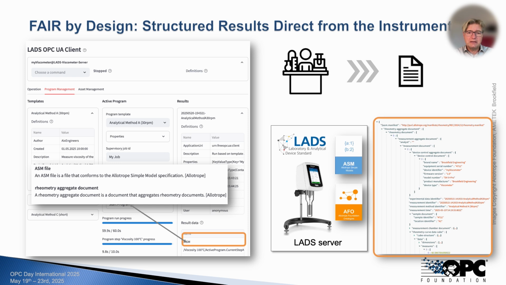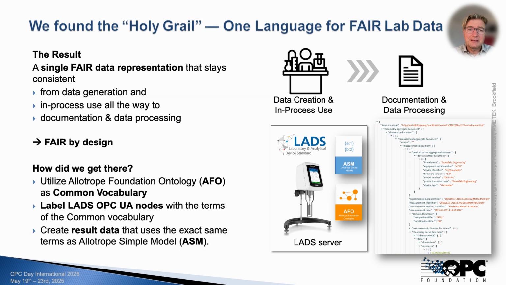And by the way, in the next presentation, my colleague Heiko Fessenmeier from Agilent will introduce a third, very elegant approach for representing Allotrope Simple Model data in OPC UA. So stay tuned. Let's take a step back and look at what we've actually achieved. We set out on a journey to solve a long-standing challenge in the lab.